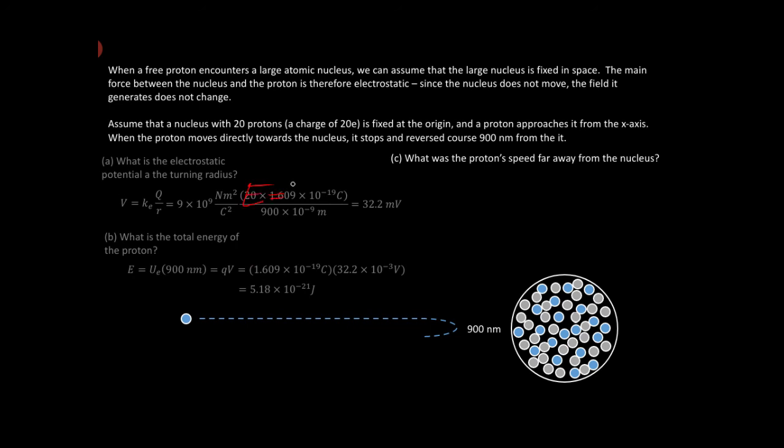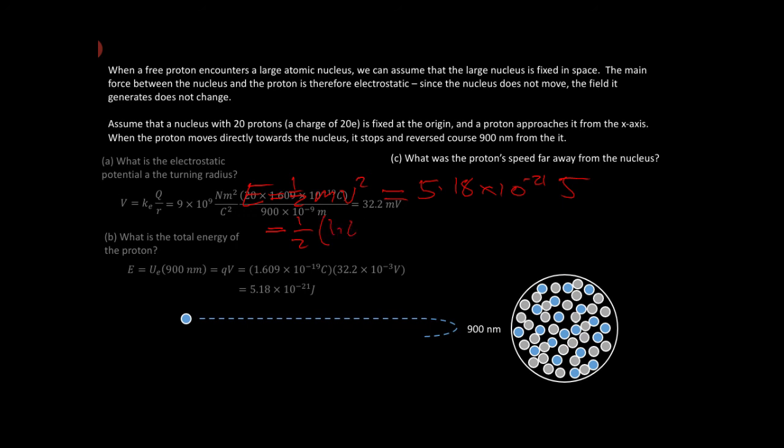And remember, our total energy is equal to 1/2 mv squared, which is also equal to this guy here, 5.18 times 10 to the minus 21 joules. That doesn't look very good, except when you ask, what is the mass of the proton?